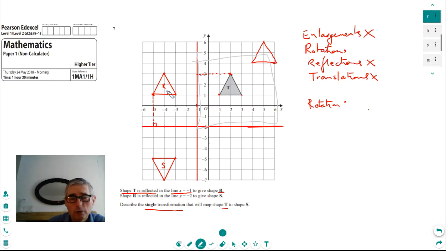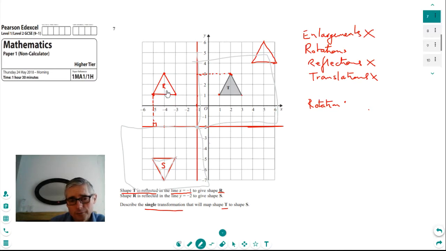We could put our pen in that tracing paper at some point, and we could spin the shape round, and if we've done it in the right place, once it's been rotated into this quadrant, it would exactly cover the new shape. So we can see if we rotated this piece of tracing paper, moved it around into this quadrant, then it would indeed cover shape S. So it is a rotation.